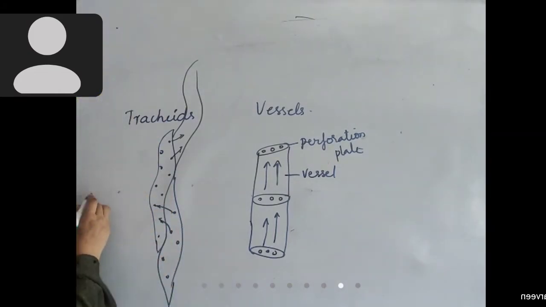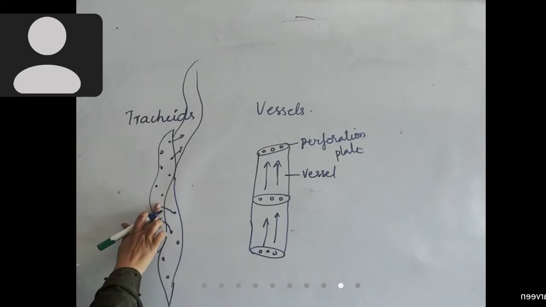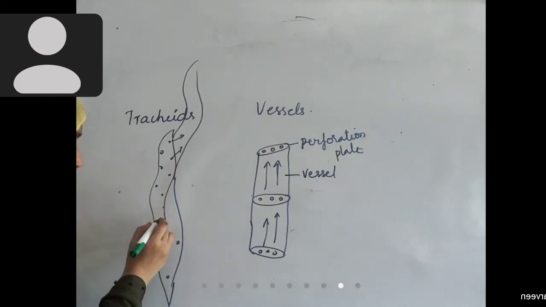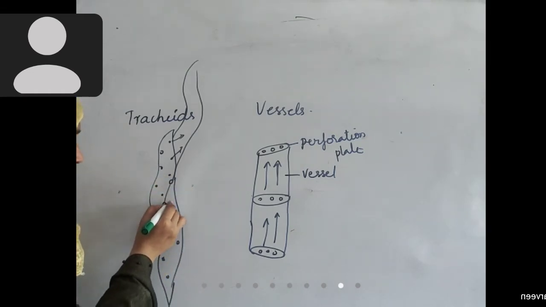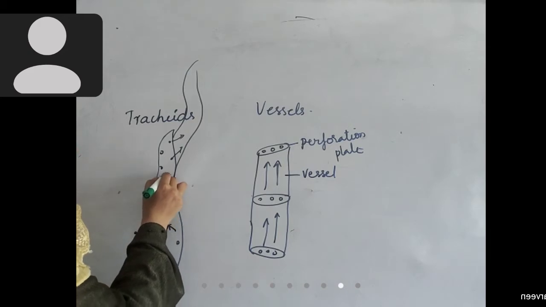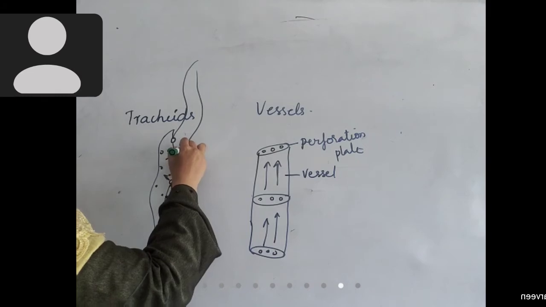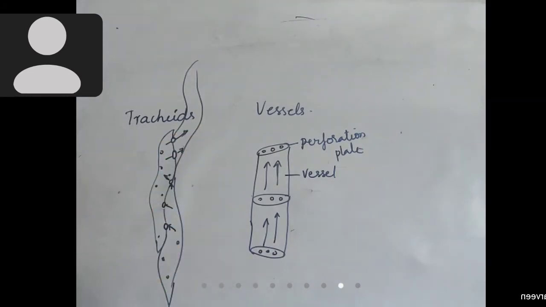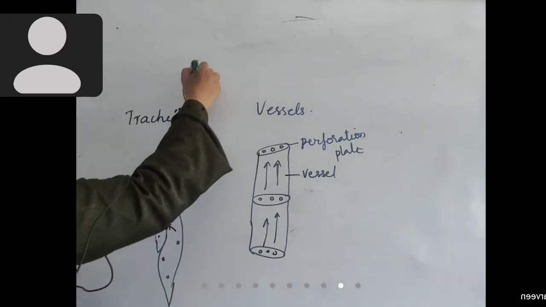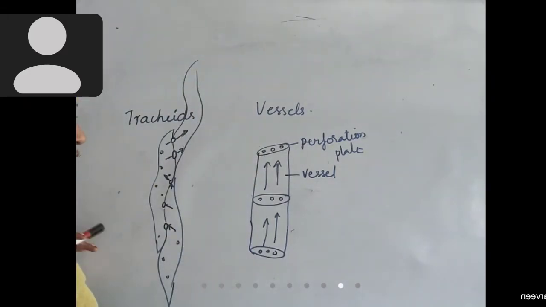The holes are not separate; they are present in between this wall. So water moves from here to here, here to here. When a hole is present between two tracheids, the water moves like this. Water will not come outside. It passes from one tracheid to another tracheid, and in that way it continues.